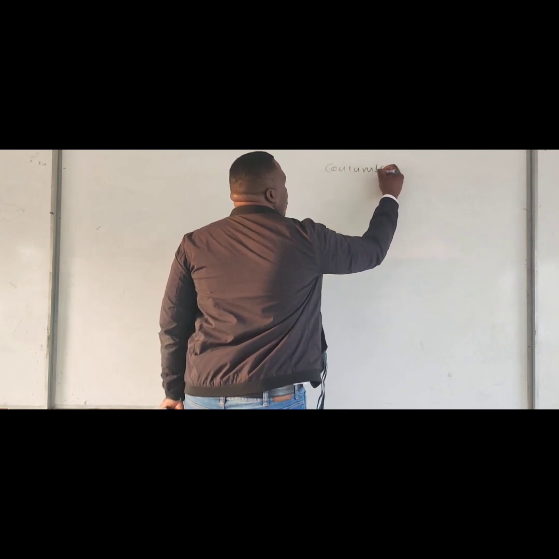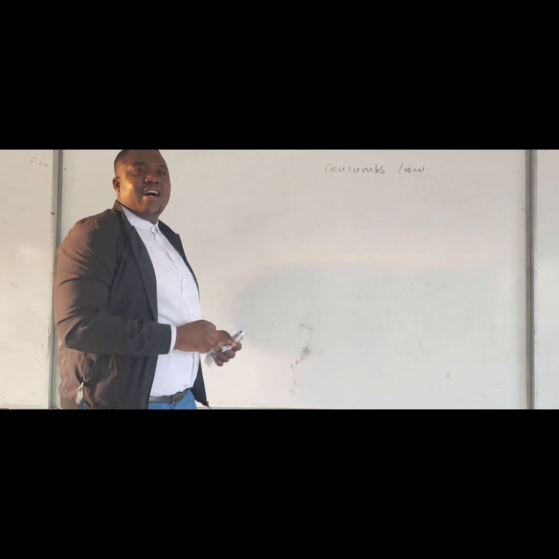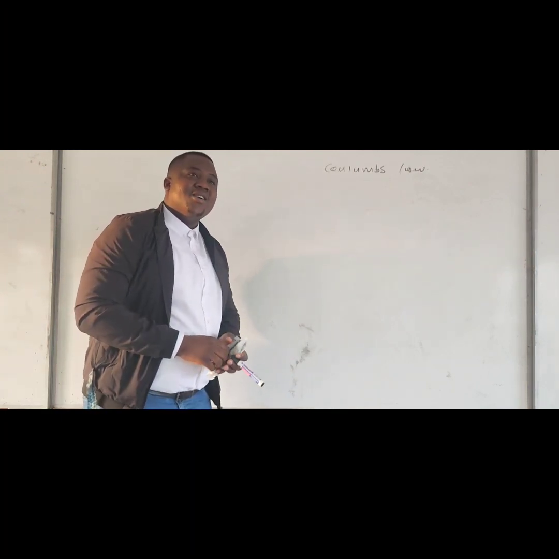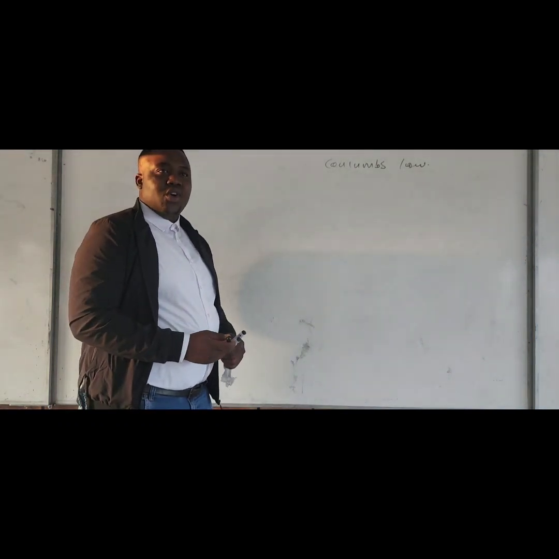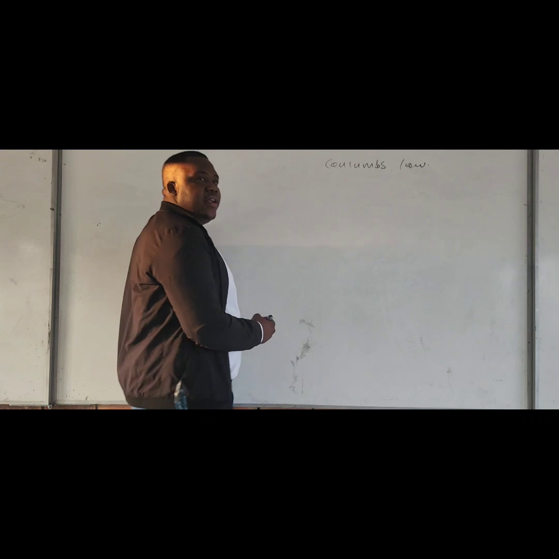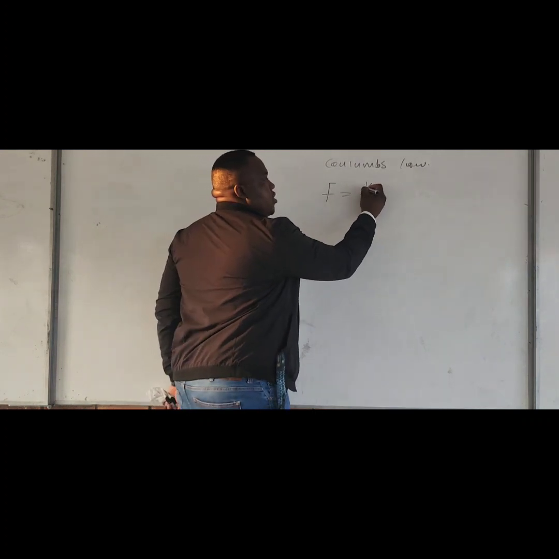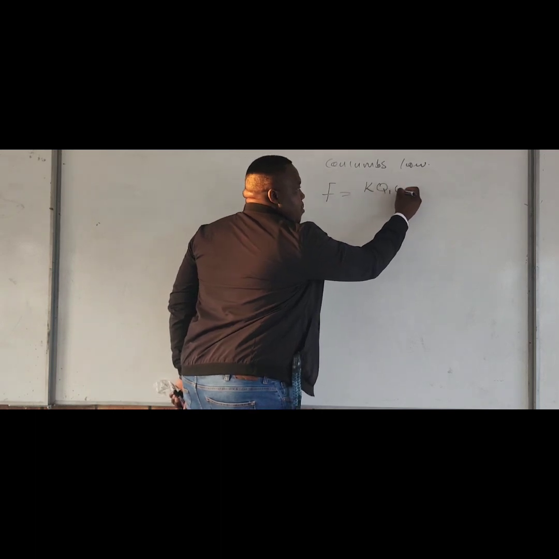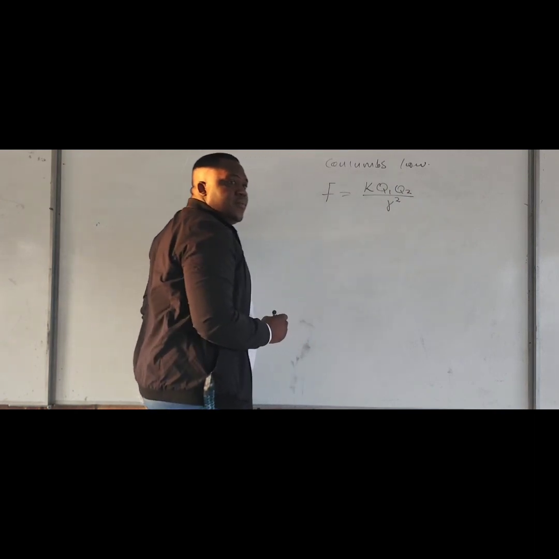Coulomb's law. Let us talk about it. Coulomb's law is given mathematically by F equals k Q1 multiplied by Q2 over r squared.